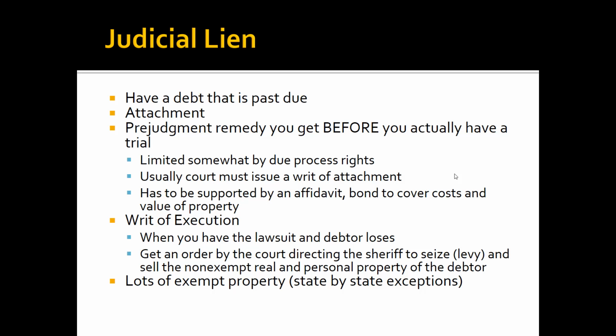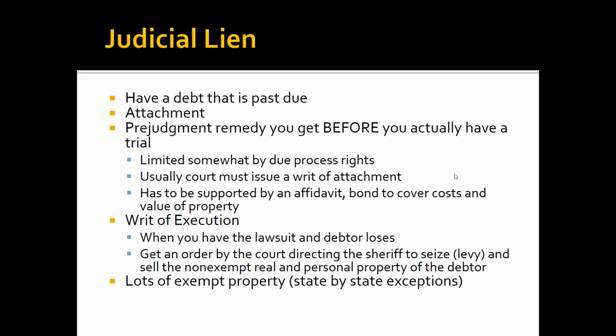Now, that sounds a lot worse than it is. A writ of execution is an order, that's all a writ is, an order to some agency of the state, in this case the sheriff, typically in North Carolina, to go out and take Baker's property and sell it at auction and pay off that debt.